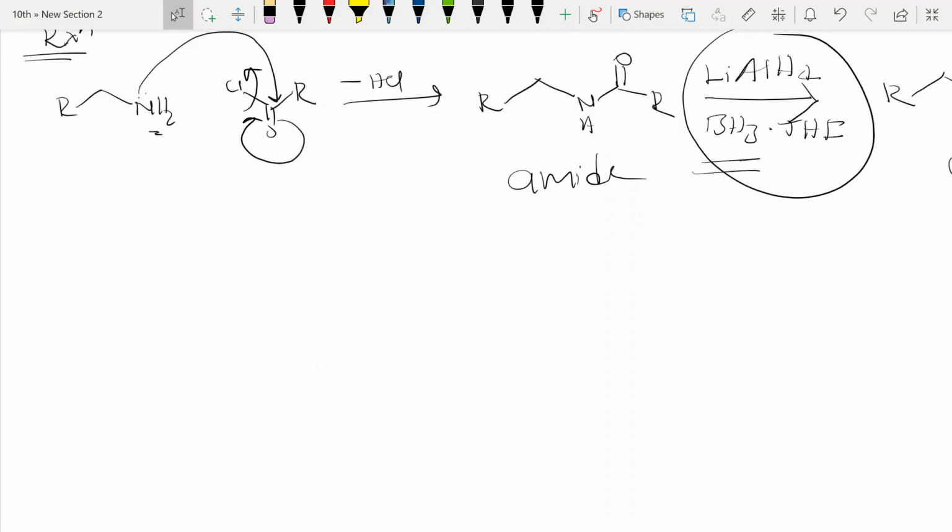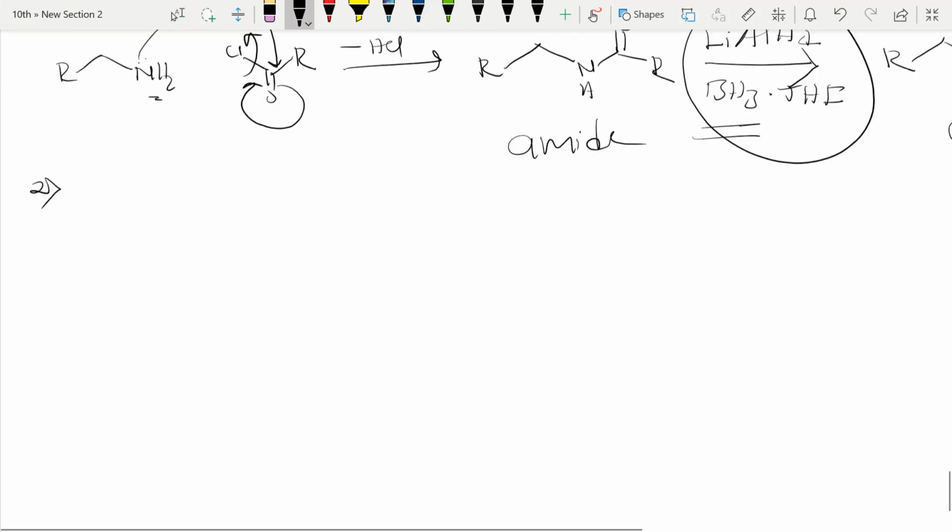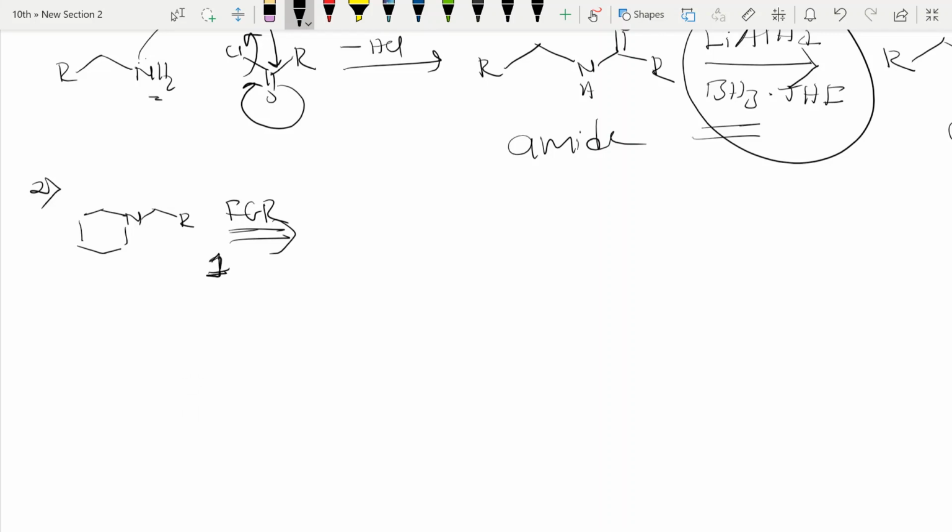So let us see the second example in amines, right? So this is NH and here CH2R is there, right? To this, first what I will do is functional group interconversion. Whenever an amine comes, we should do functional group interconversion first. The reason I have explained: sometimes it may do N-alkylation, multiple N-alkylation, to get quaternary ammonium.